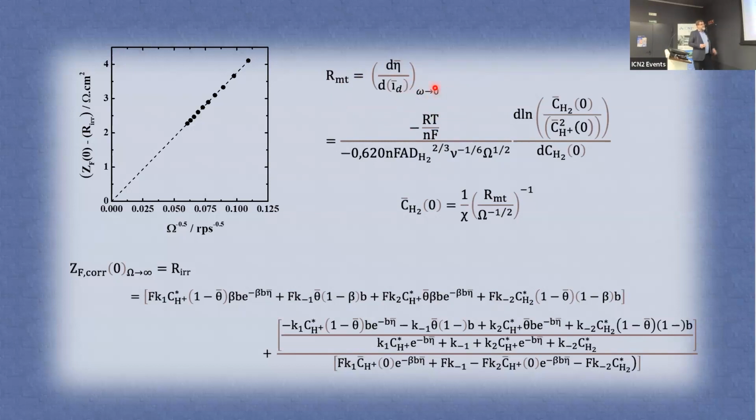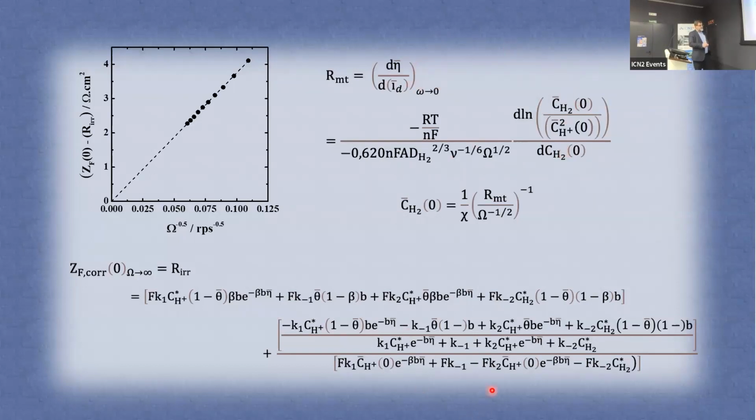So in this case, we have considered Nernstian, reversible behavior. So we have used the Nernst equation, but considered the infinitesimal change of the hydrogen concentration at the interface, and the Levich equation.